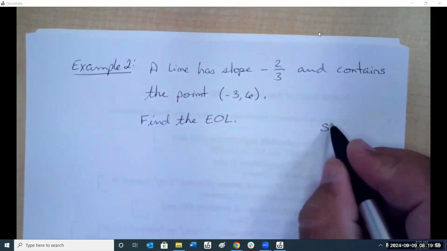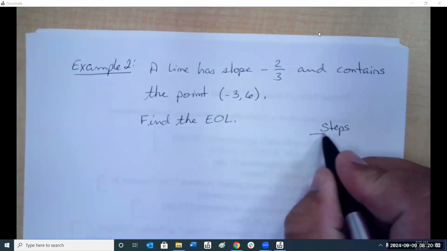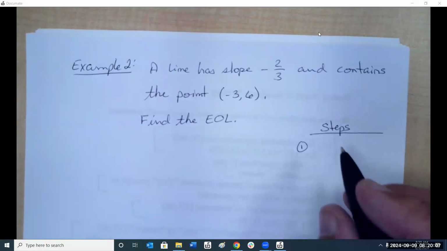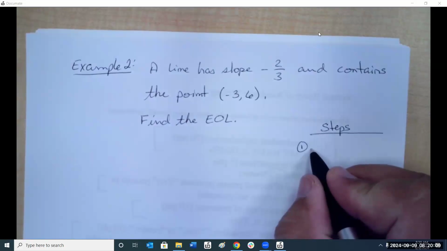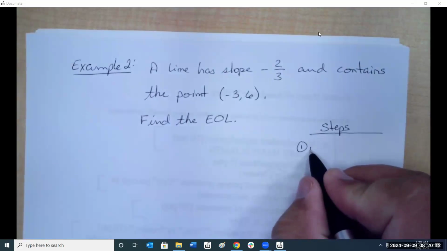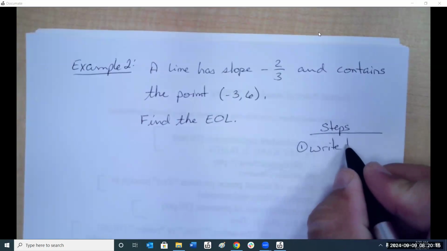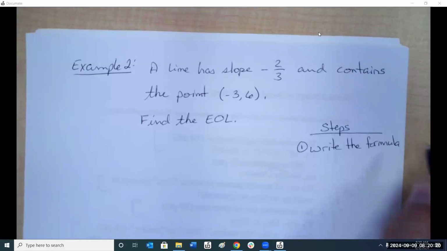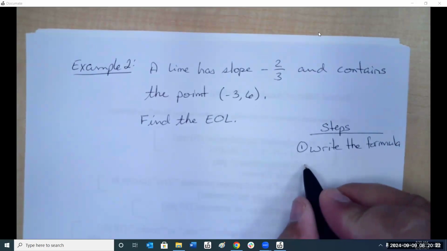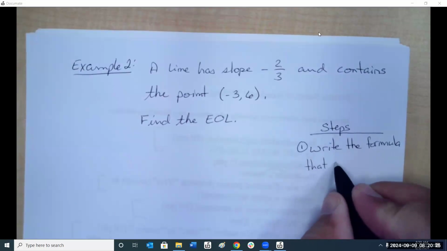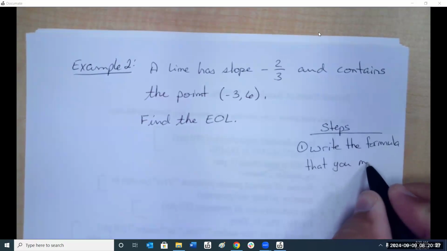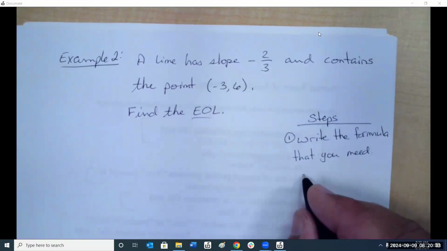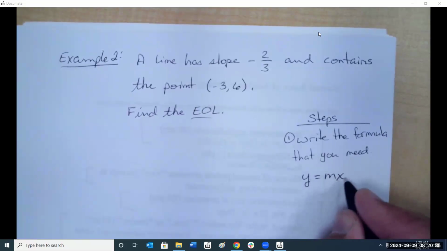And here are your steps. First, write the formula that you need. In this case, since we're looking for the equation of a line, we have to use y equals mx plus b.